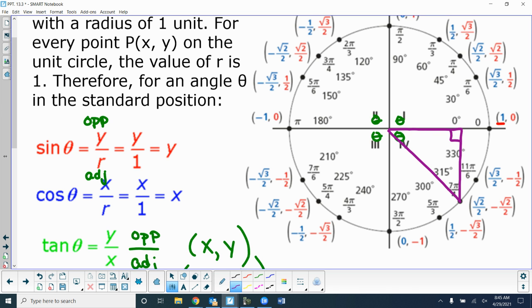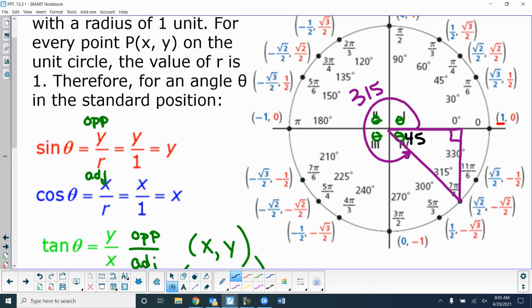Okay. You see the purple triangle? Okay. What's the reference angle? Remember, this is 315. What's the reference angle? 45, right? Because I'm going all the way up to 360, right?